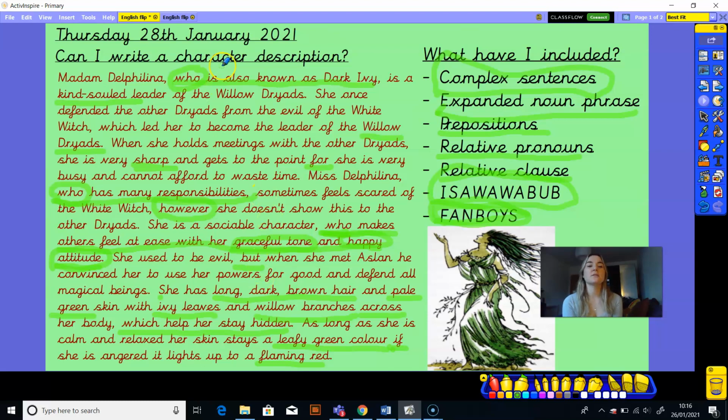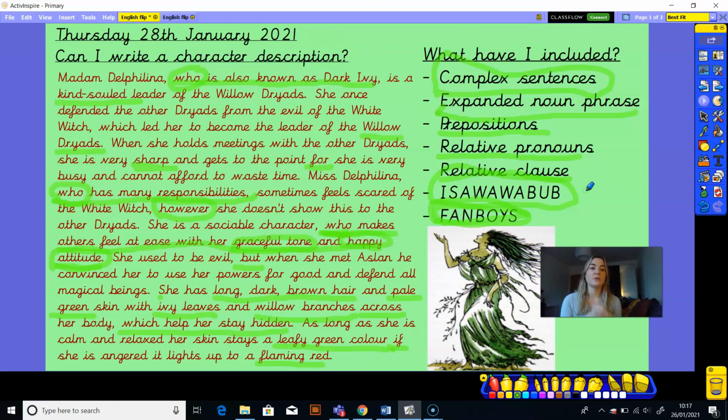So as you can see, there's lots of things that I have included. I've tried to include lots of things to do with her as a person, because remember, although the appearance is important, who they are as a person and what they're doing in the story is going to make your reader more interested and want to read on. So I've included bits about her appearance at the end.